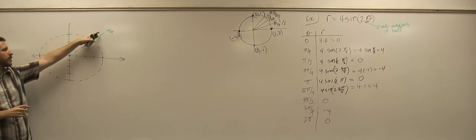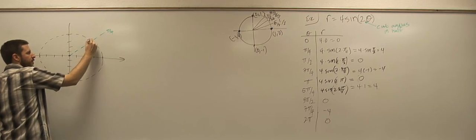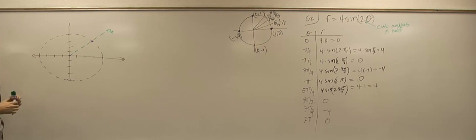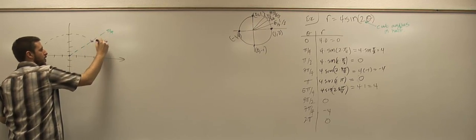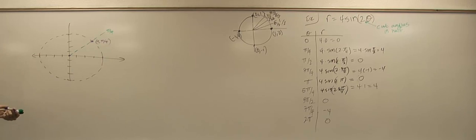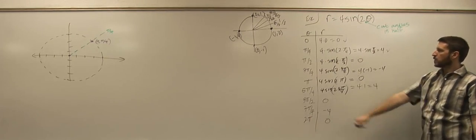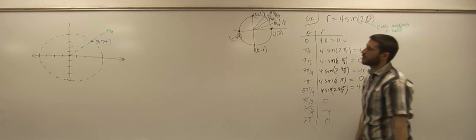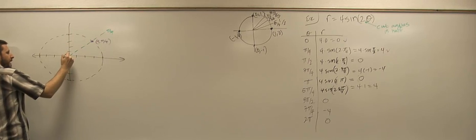I'm sorry, when theta is pi over 4, r is 4. Too many 4s for me to keep track of. So that gives me this guy and this guy. When theta is pi over 2, r is 0. Puts me back at the origin.